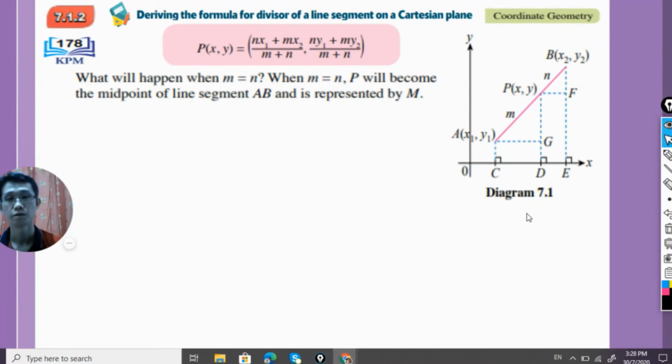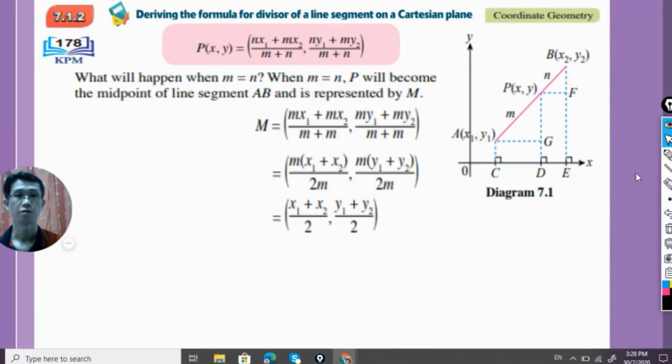Do you ever wonder what would happen if m is equal to n? When m equals n, the point P will become the midpoint of the line segment, as I told you in the previous few slides, and this midpoint of line segment AB is represented by the capital letter M. So when the value of m is equal to n, we can change the value of n to m.